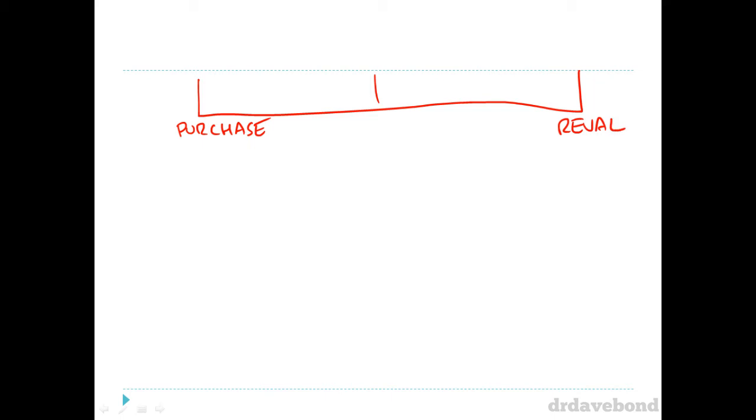So this is the start of the year, this is the start of the second year, and this is the end of the second year. At this point in time, the foreign currency rate was 1 Aussie buys 1.1803. This is 1.2756, and this is 1.2941.